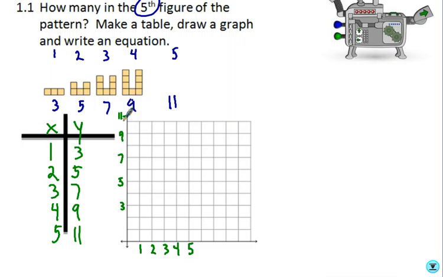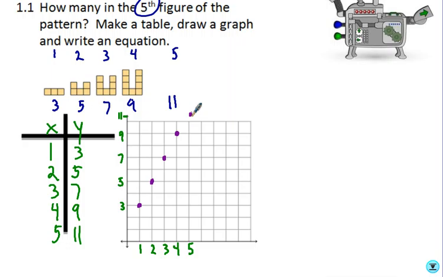So then if we put in those points, I've got (1, 3), (2, 5), (3, 7), (4, 9). Oops, that would be 4, 9, and then (5, 11). So let's use our imagination there a little bit.